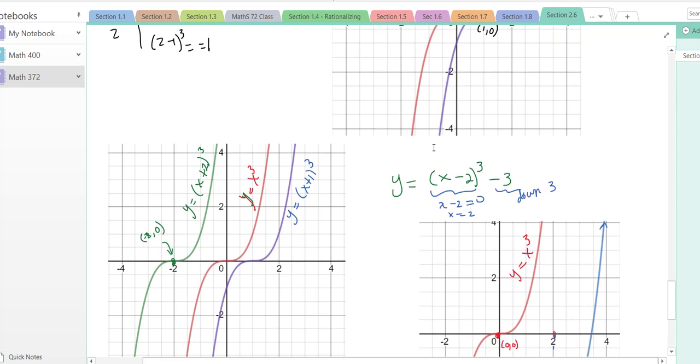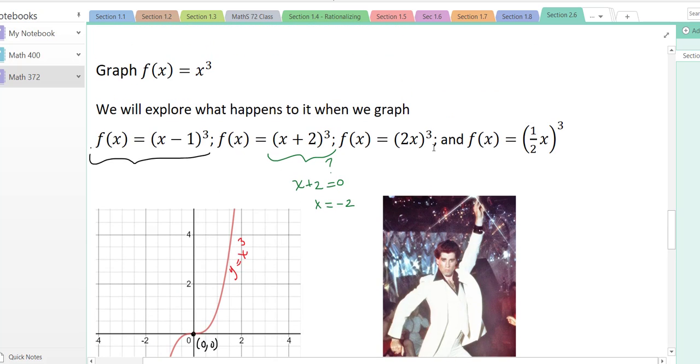Now the other two functions we wanted to graph are f of x equals (2x) cubed and f of x equals (1/2 x) cubed. Essentially, what does that number do inside the parentheses? You might notice that if you cube this, this will be 8x cubed and this will be 1/8 x cubed.